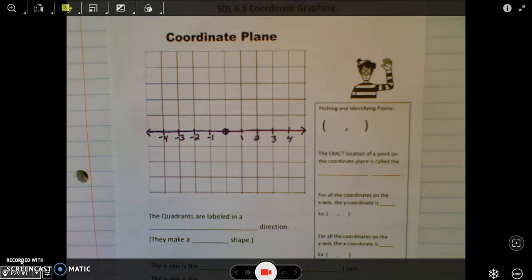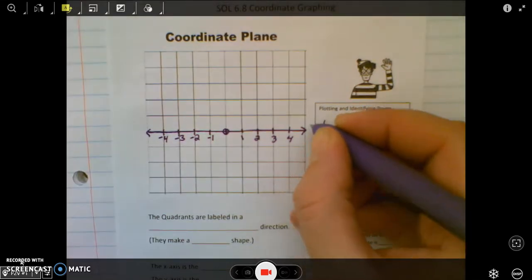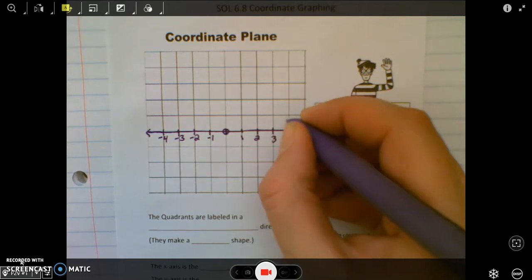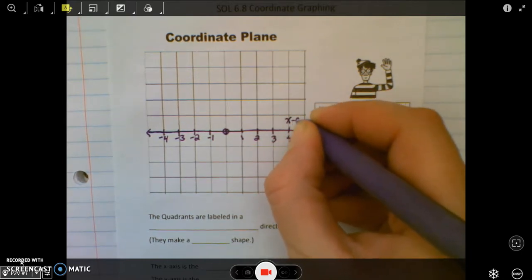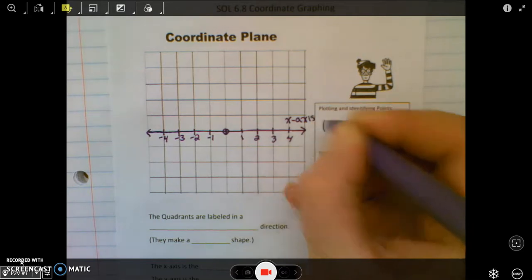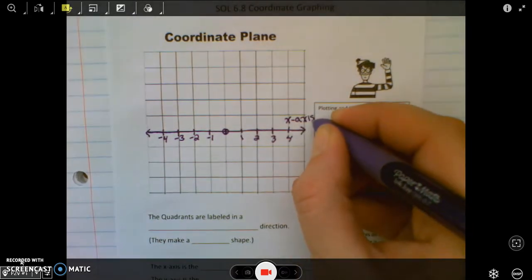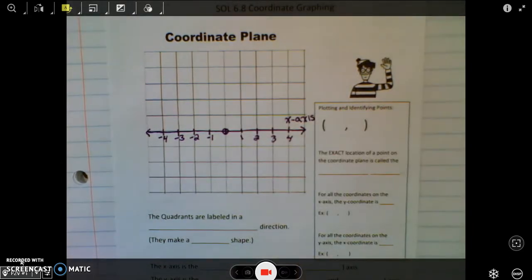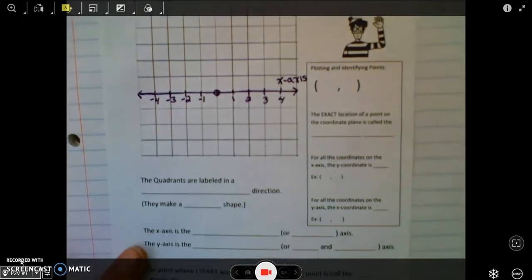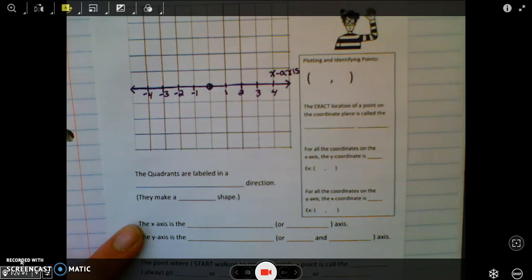Now this number line, that's a flat number line, is called the x-axis. So you can write x-axis above it there off to the side. And down below here in this middle section talks about the x-axis.